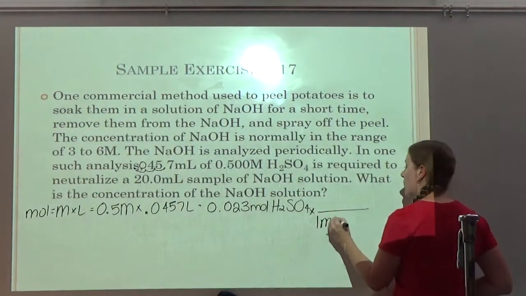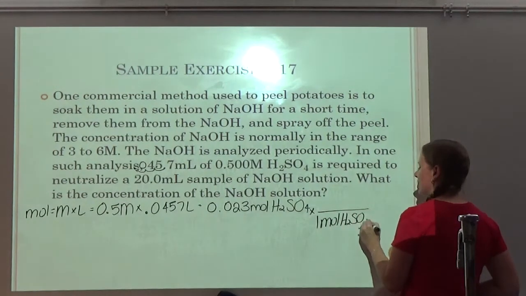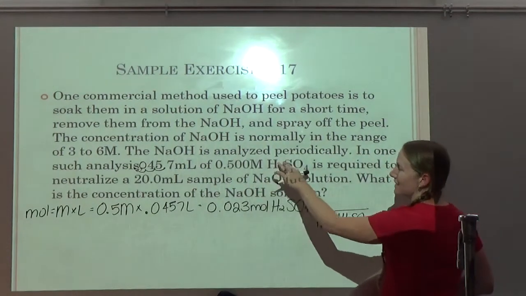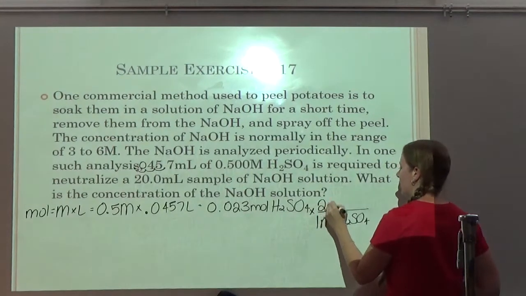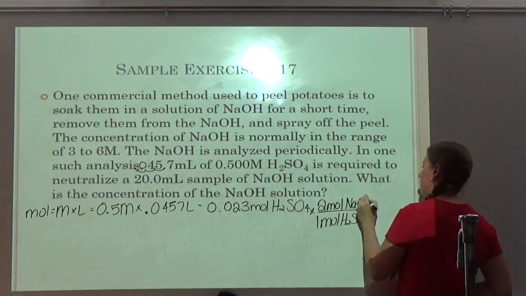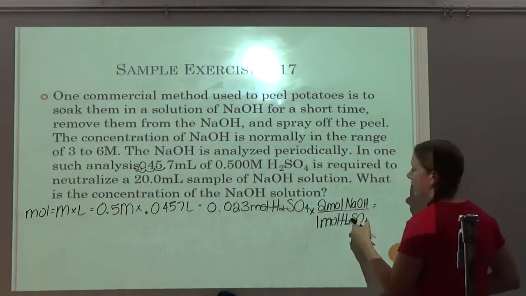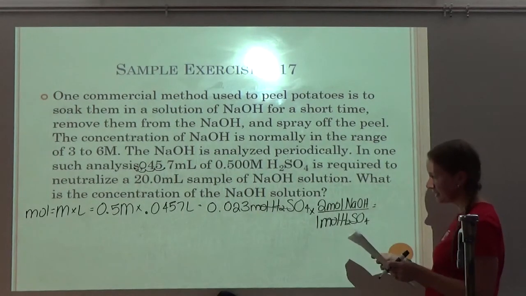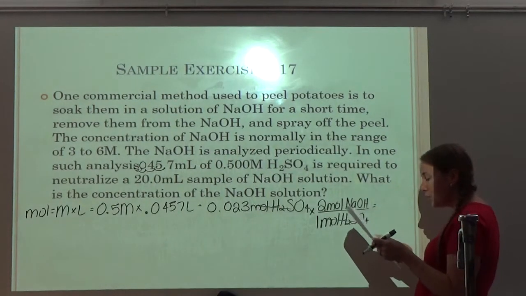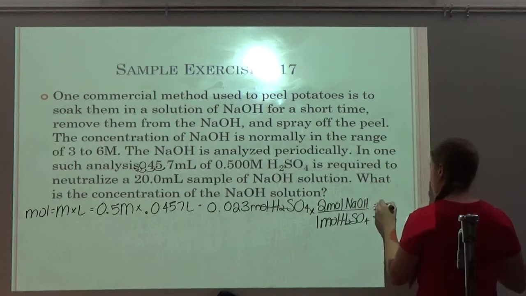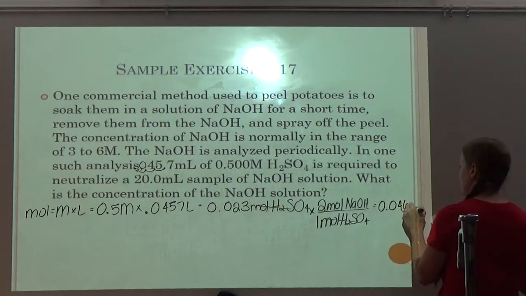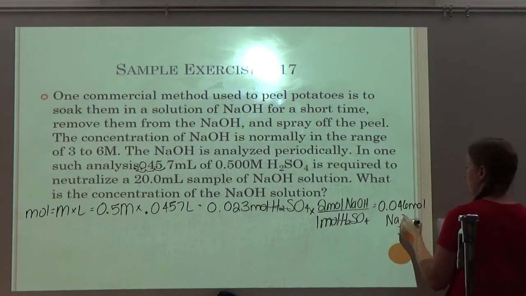I was going to start with 1 mole of sodium hydroxide is half a mole, but I felt like that might confuse some of you. So 1 mole of my sulfuric acid can neutralize 2 moles of my sodium hydroxide. Once I multiply by 2, I end up getting 0.046 moles of sodium hydroxide.